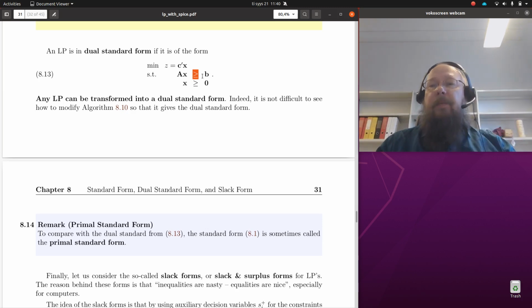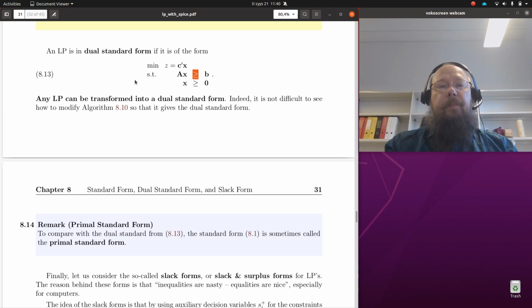Of course, it's not that straightforward, but in general it's more natural to have this kind of inequality, especially if all the numbers are non-negative. So just to recall, this is the dual standard form.